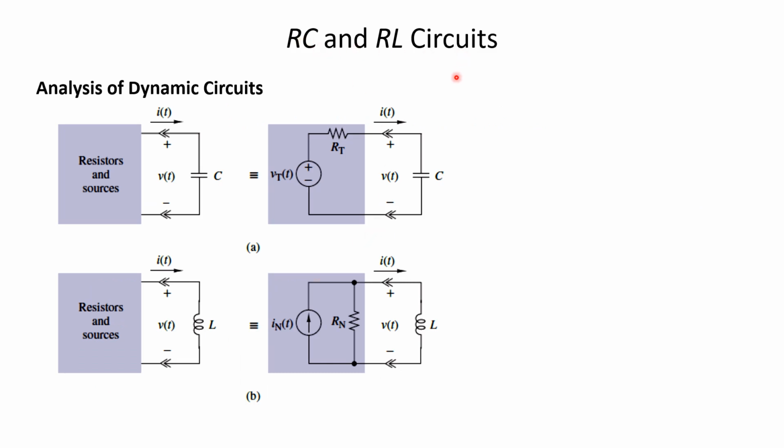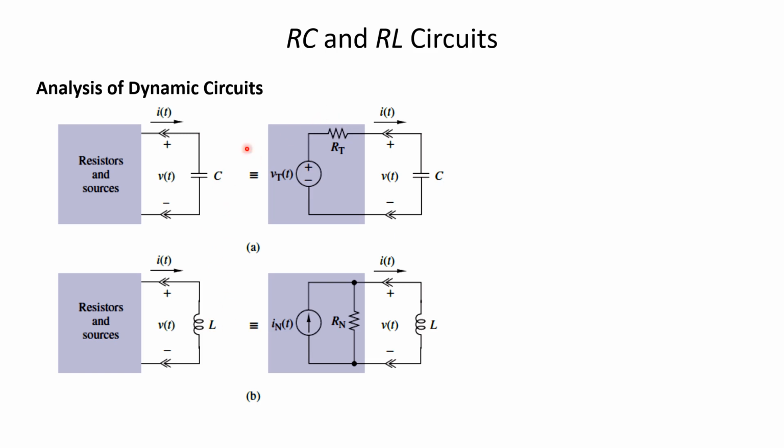RC and RL circuits are first order circuits, and in the following discussion I will explain how we can determine the order of the circuit. You know that a capacitor is an energy storing element and an inductor is an energy storing element. And due to the number of energy storing elements in a circuit, we determine the order of the circuit.